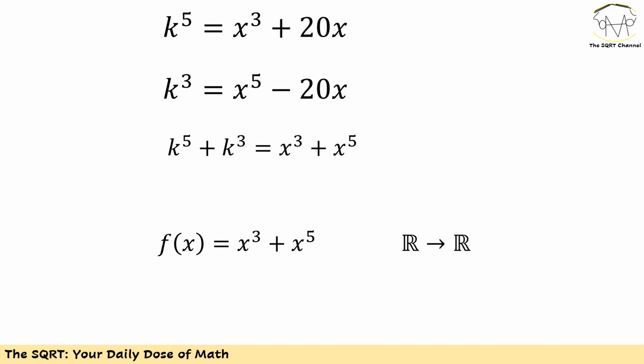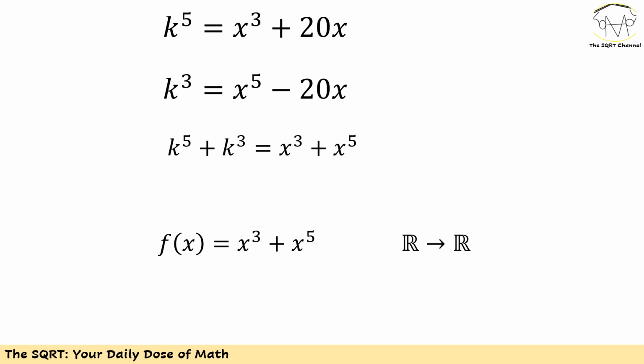Now I'm going to use a trick here. First of all, there is something very interesting here. If I define a new function like f of x, then I can say that f of x is x to the power of 3 plus x to the power of 5. We know that we are looking for values of x belong to real numbers.